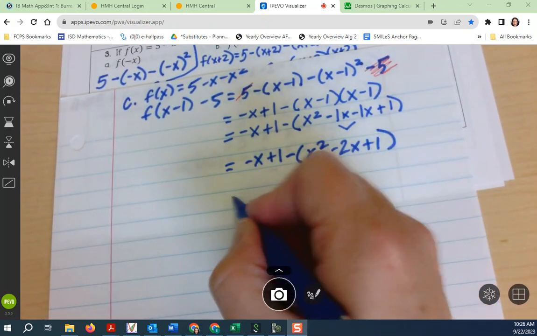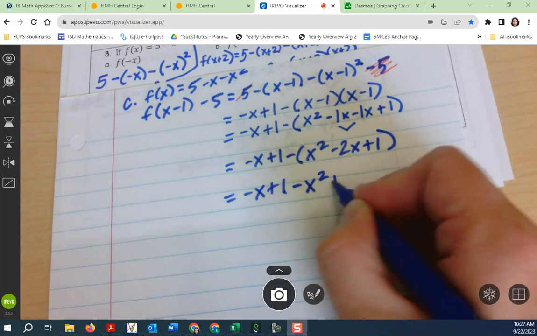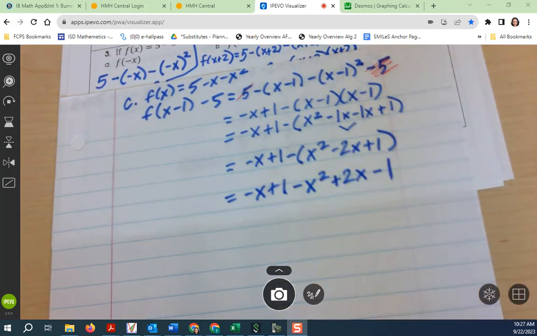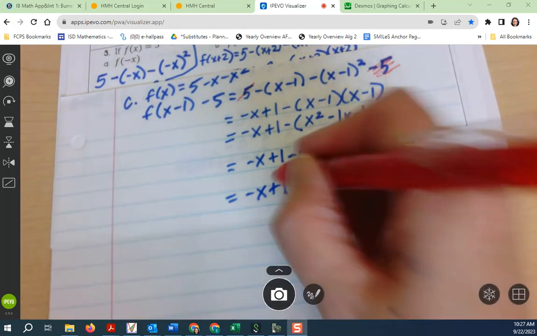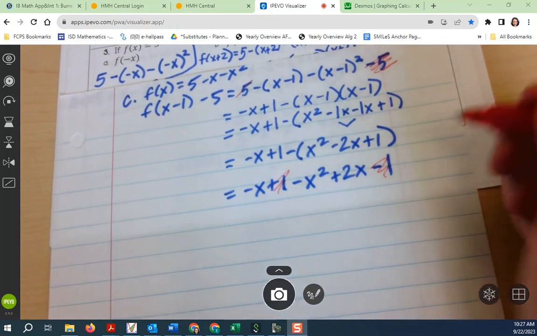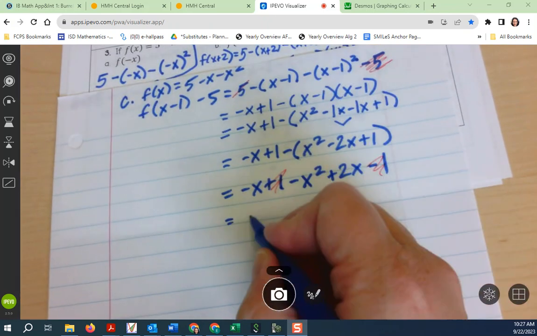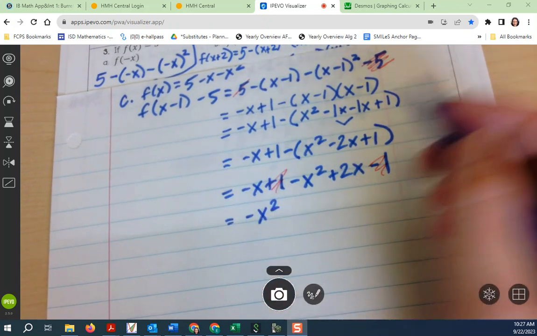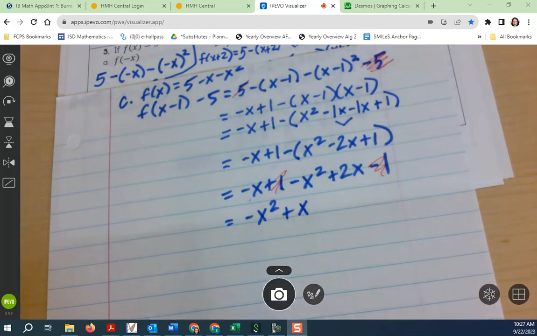Distribute the minus. And then finally combine like terms. So I have a plus 1 and a minus 1 that cancel out. My leading term should be the negative x squared. Negative 1x and positive 2x make a plus x.